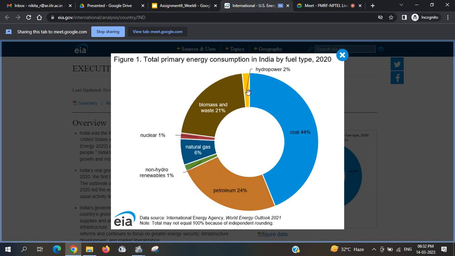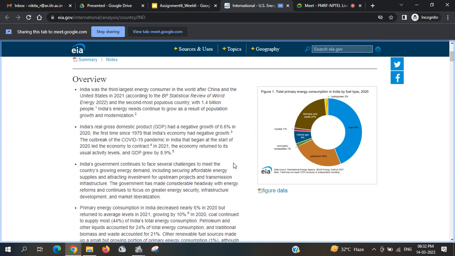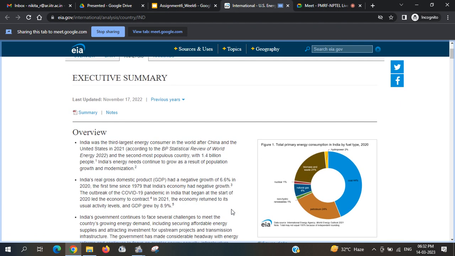Hydropower is our largest renewable energy source, which we are harnessing, followed by nuclear at 1% and other non-hydro renewables. Natural gas is another source which is used by India in huge quantities.